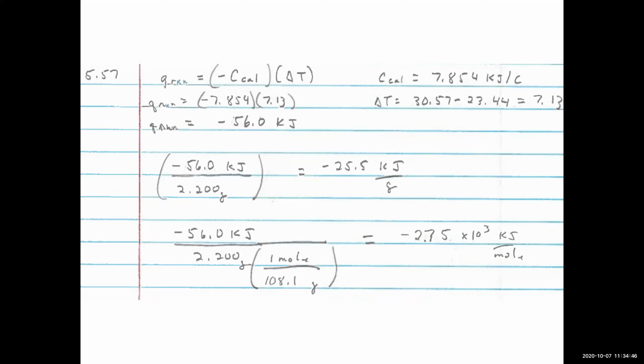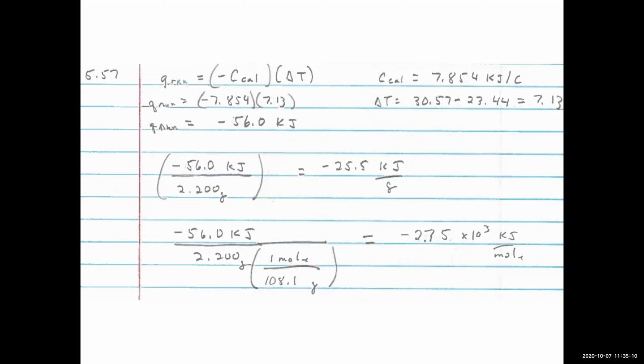If we want that on a per gram basis, then we simply divide that by the number of grams. It was 2.2, and then we get minus 25.5 kilojoules per gram. If we want it on a per mole basis, then we need to convert that 2.2 grams into moles by using the molecular weight. In this case, the molecular weight is 108.1.